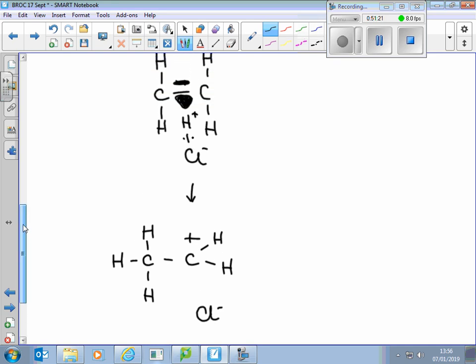Because the electrons in this bond got used to join that hydrogen on over, it doesn't matter which one it is, let's say that one. Now, if you've used up some electrons, you're left with a positive charge. If you've taken the electrons away, you take away negative things, you're left with a positive thing.